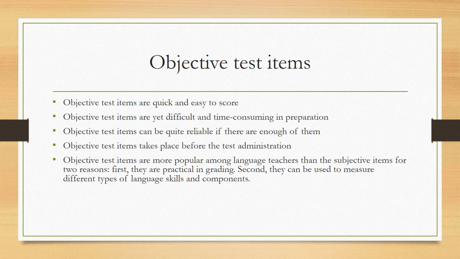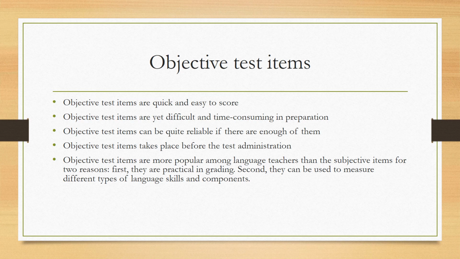Objective test items are yet difficult and time consuming in preparation. So they are easy and quick in scoring, but at the same time they need much time in being prepared. Objective test items can be quite reliable if there are enough of them.